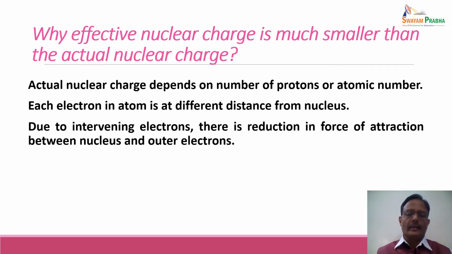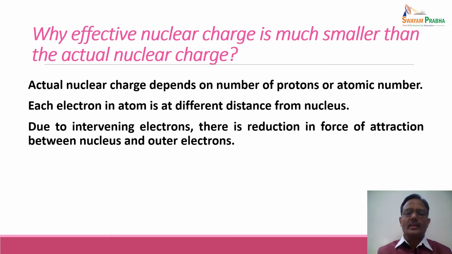And secondly, the intervening electrons. If we are considering the valence shell, suppose the valence shell is the third shell, then the electrons present in the first and second shells are called the intervening electrons, the electrons present between the nucleus and the outermost electron.